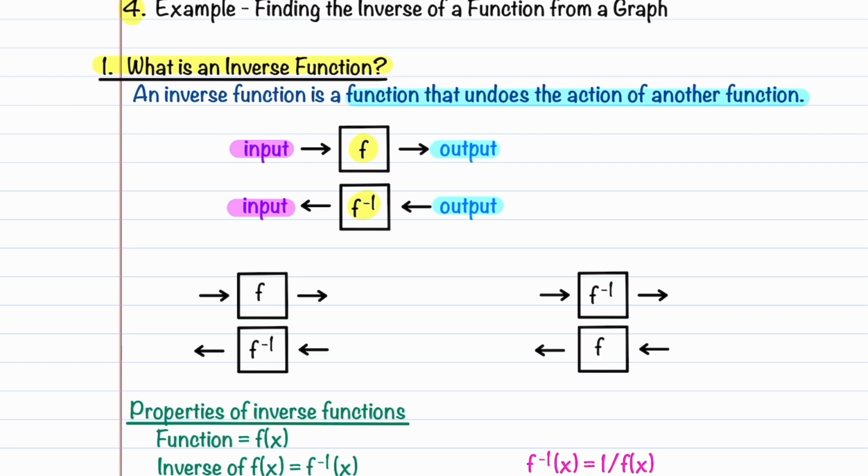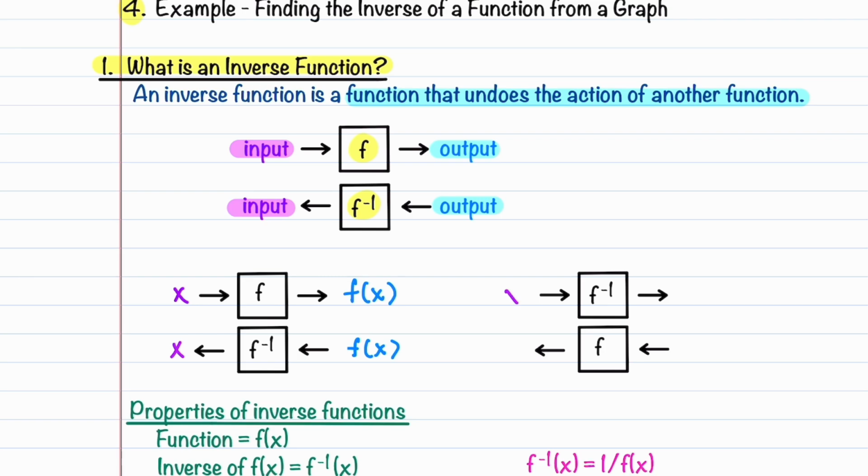We can think of this algebraically like this. Let's say we put an x into our function, and we get back an f of x. That's our output. To undo what our function did, we take this output f of x and put it into our inverse function, and we get back the same input, which is x.